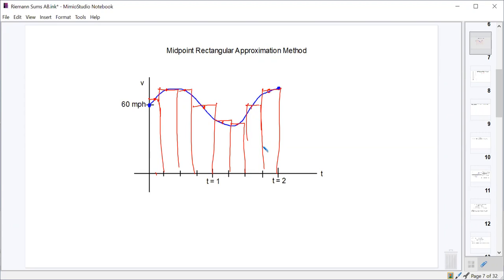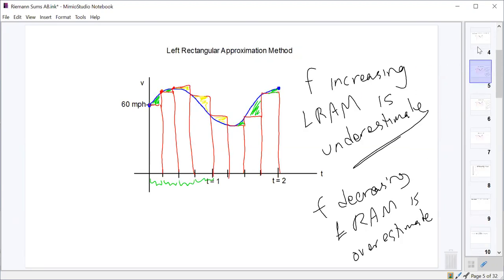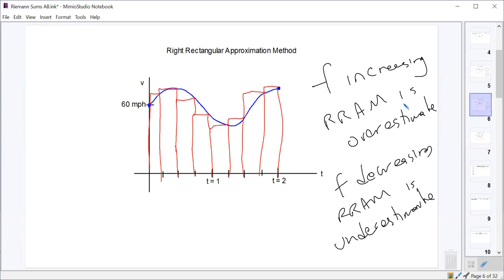But unfortunately, whether the function is increasing or decreasing doesn't tell us whether it's an under or overestimate, which is why sometimes it's nice to have these other ones. If I know that my function is only increasing and I use the left one, then I know I'm going to be a little under what it should be. Or if my function is always increasing and I use the right one, I know my answer is going to be a little over what it should be.